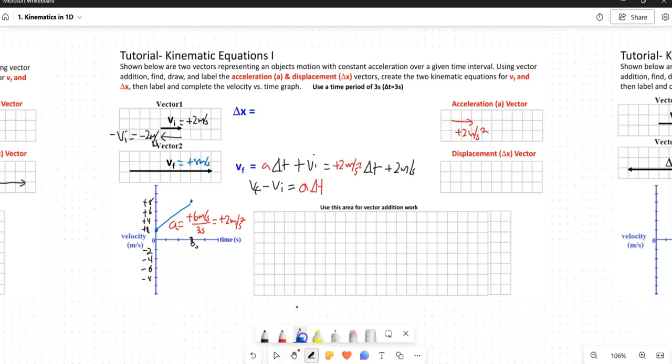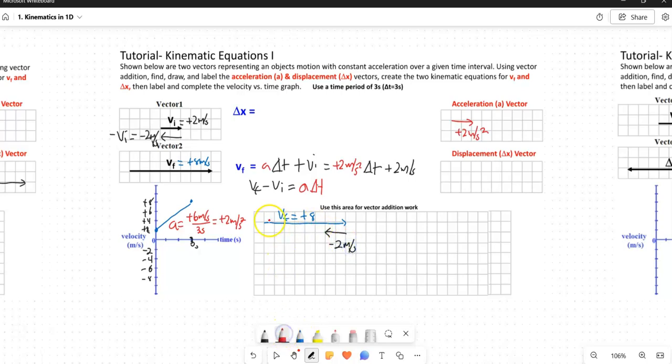So in other words, if we take our final velocity vector, which is 1, 2, 3, 4, 5, 6, 7, 8. So that's v final. That's equal to positive 8. And we take our initial velocity vector and subtract it from it, which is going to be right there, which is going to be negative 2 meters per second.